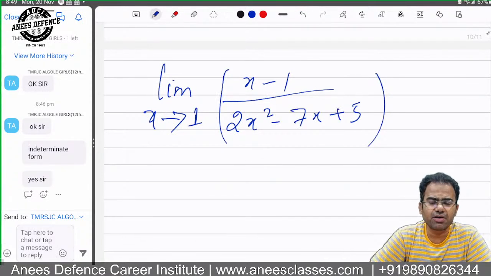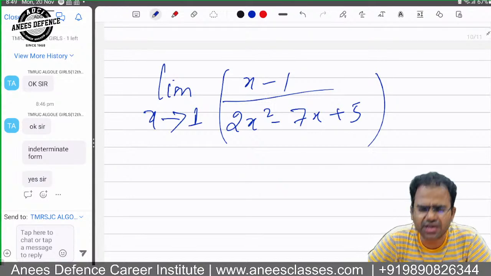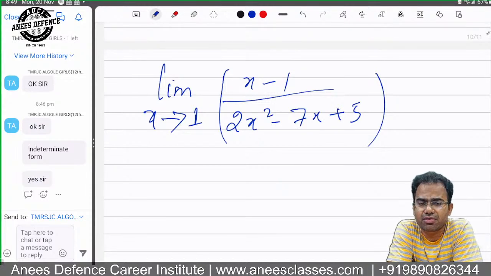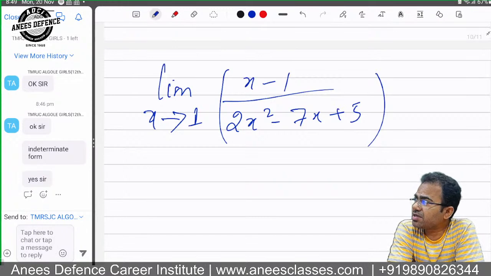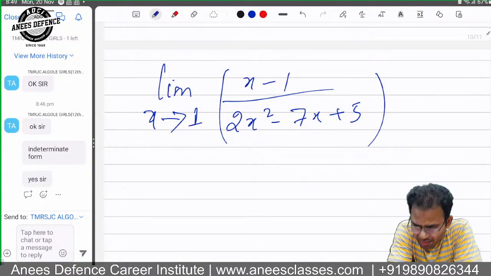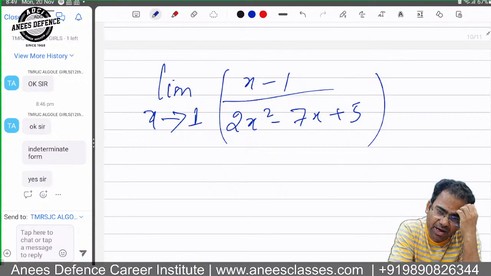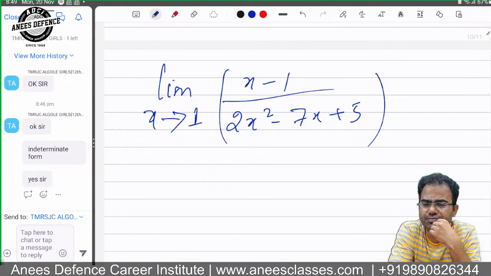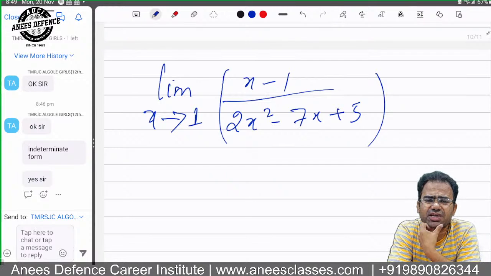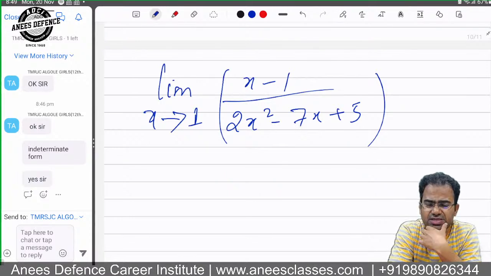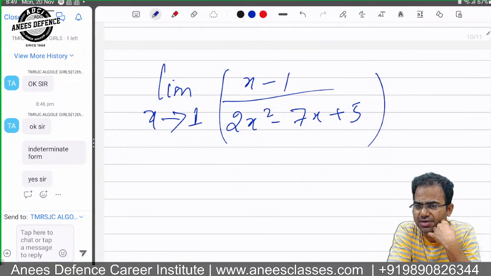X minus 1 is a linear polynomial in the numerator, and the denominator is a quadratic polynomial. So polynomial divided by polynomial is a rational function. We know that the limit of a rational function will always exist. There is no doubt about the existence of the limit.